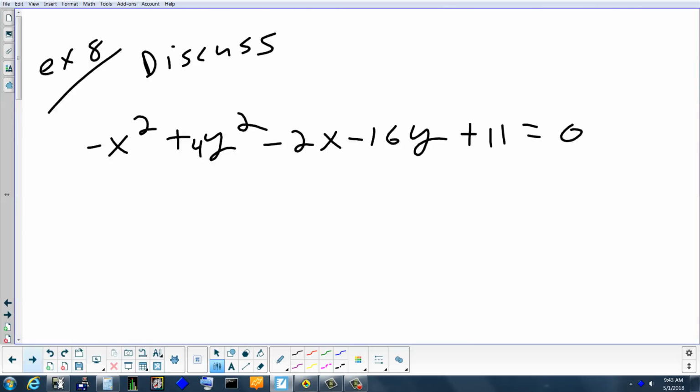All right. So neither variable is ready to complete the square here. When you want to complete the square, the coefficient of the squared term has to be what number? Yeah, it's got to be 1. So for the x's, I'm going to factor out a -1. Leave a little bit of room there because we're going to complete the square.